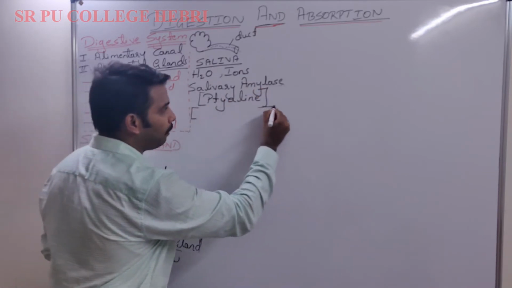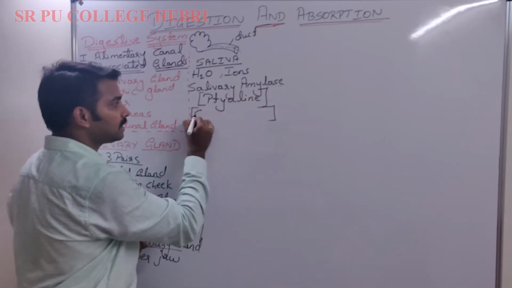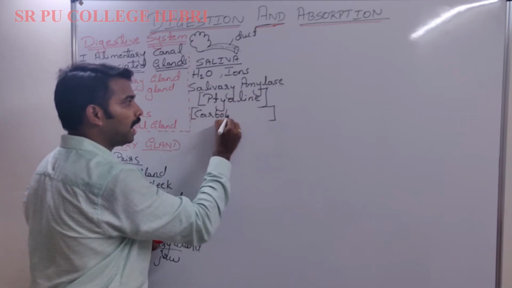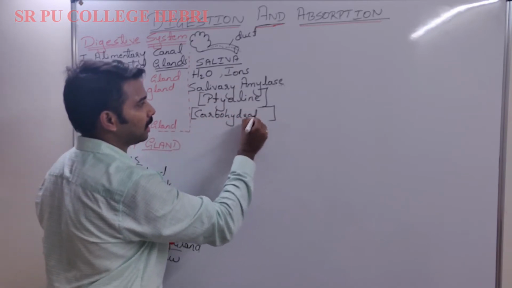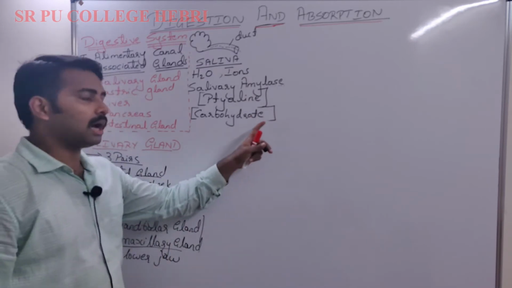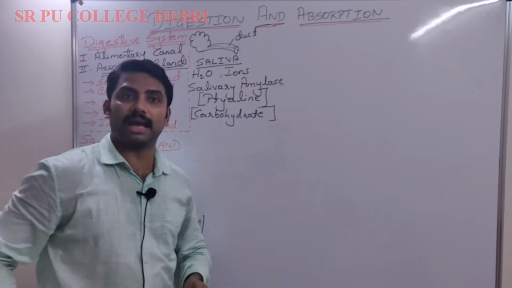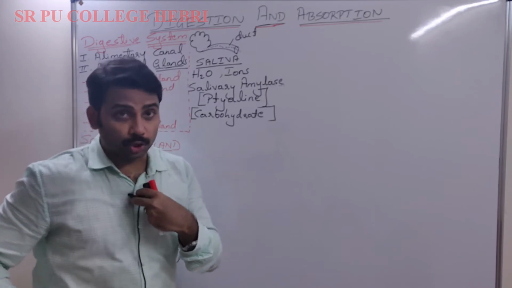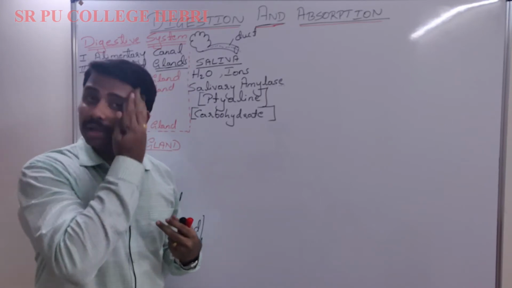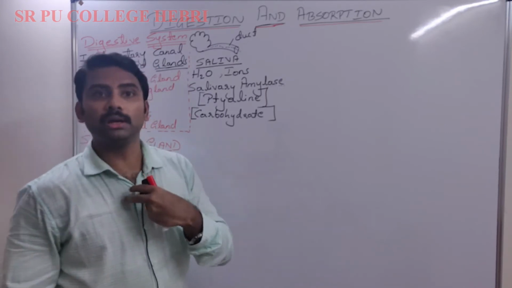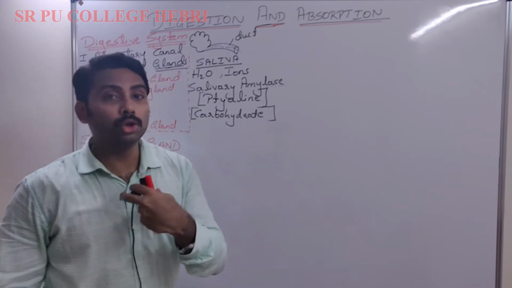What is the job of this enzyme? This is a carbohydrate digesting enzyme. Note down, it is a carbohydrate digesting enzyme. Our food is rich with carbohydrate like starch, glycogen, rich with protein, rich with lipid, rich with nucleic acid, right?